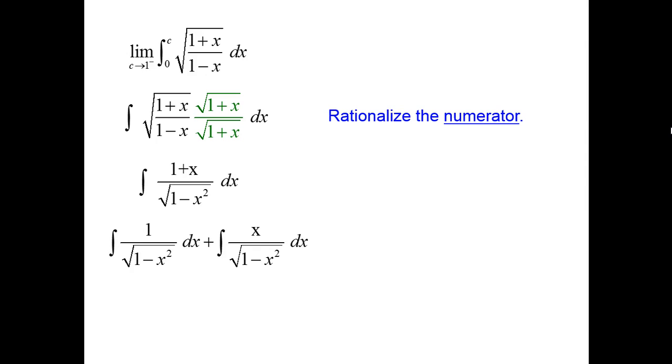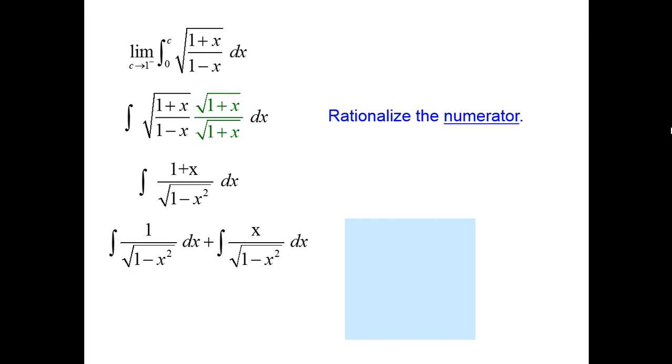Okay, so to evaluate this, it was a little bit unconventional, and there may have been another way to do this, but what I did is I rationalized the numerator. And I wrote it as the integral of (1 plus x) over the square root of (1 minus x squared). I'm going to break this into two separate integrals.